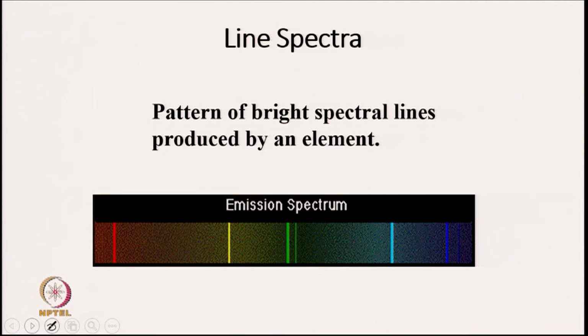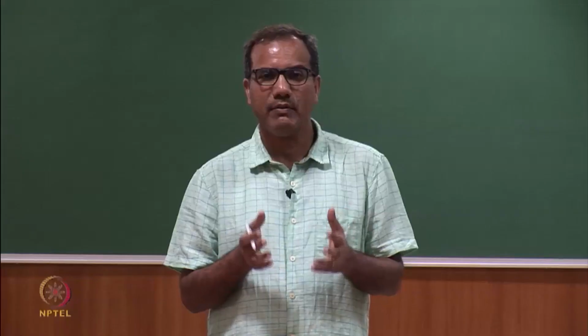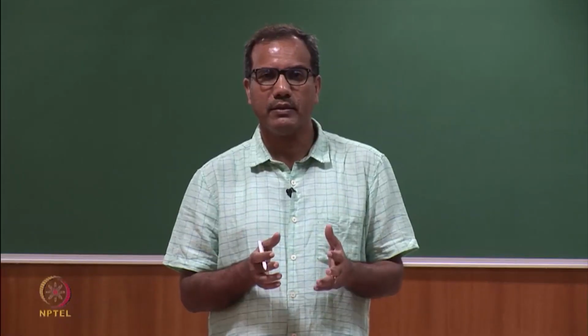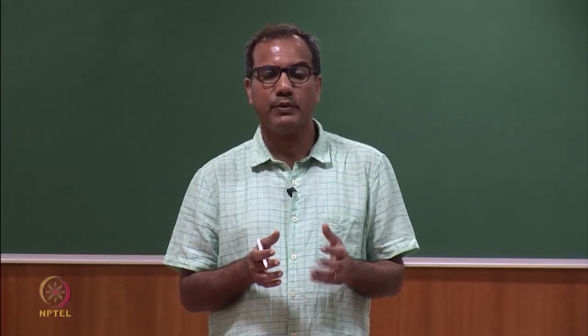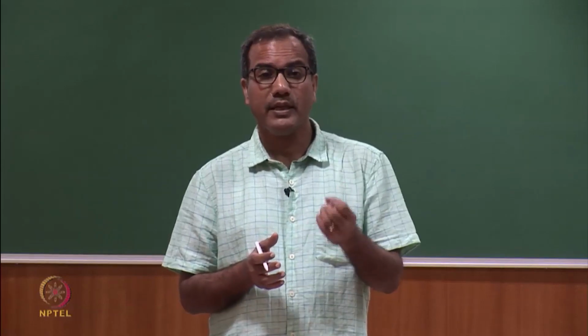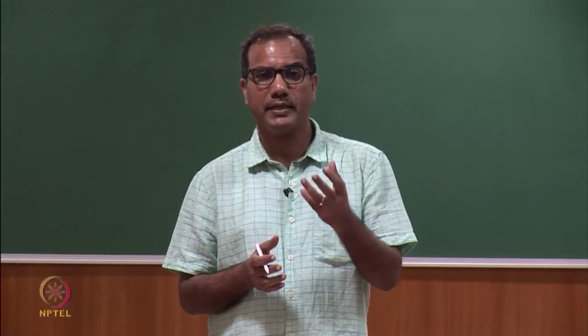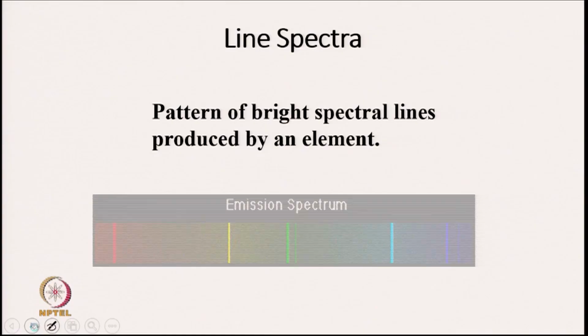a pattern of bright spectral lines is generally produced by an element. So, if you hit an element, then you can see a pattern of bright spectral lines, and that is known as line spectra.